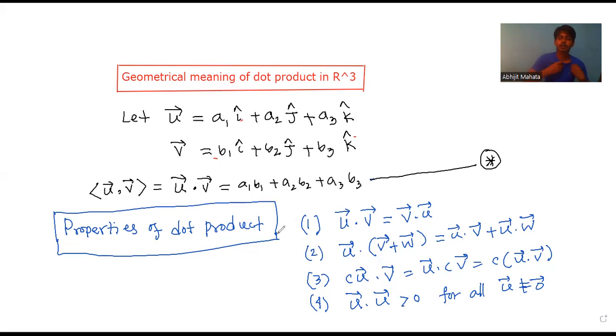Now see, so far we defined the dot product algebraically, but it has a geometrical meaning that we are going to discuss now. Okay. So if we take any vector in R3, it is nothing but a directed line segment. It starts from the initial point and it will terminate at the terminal point.